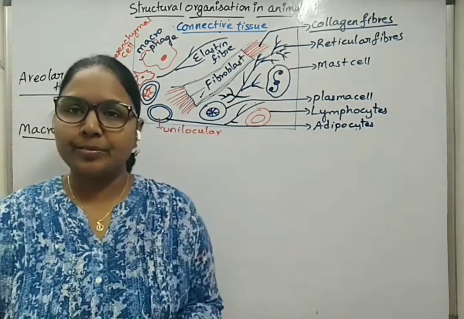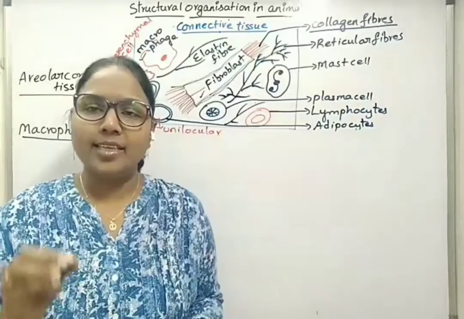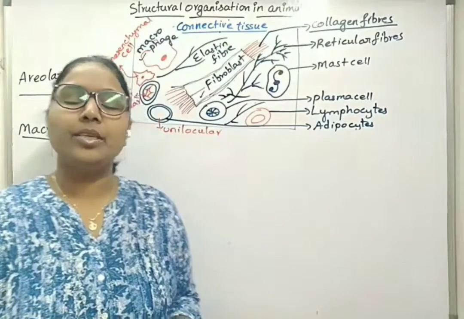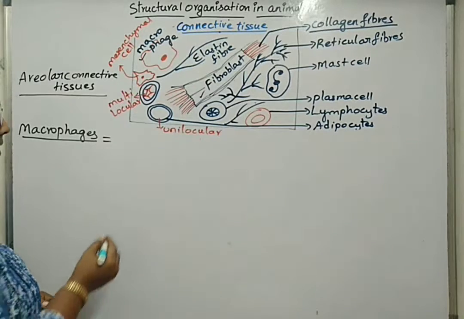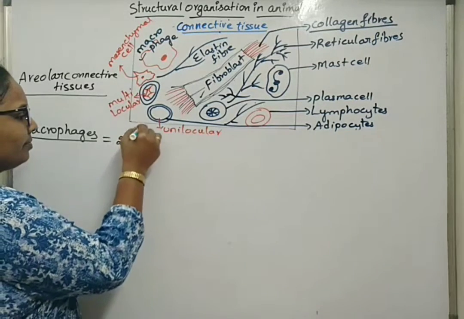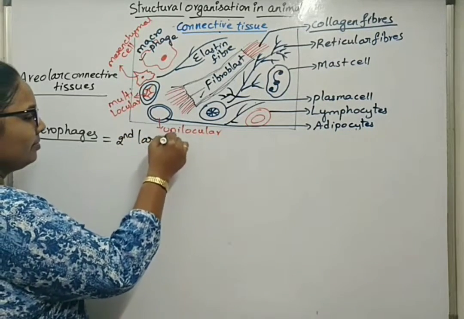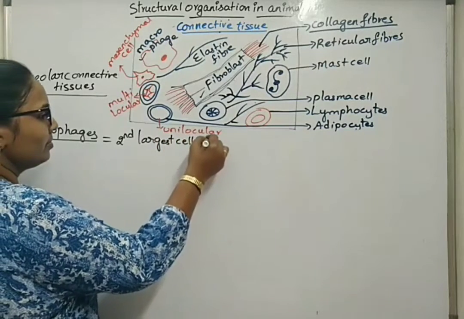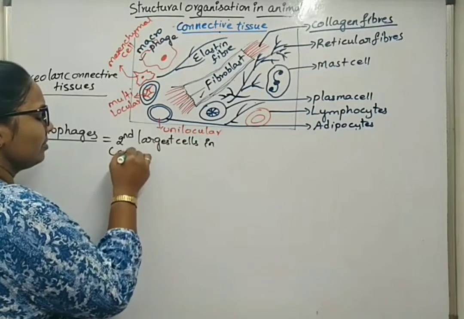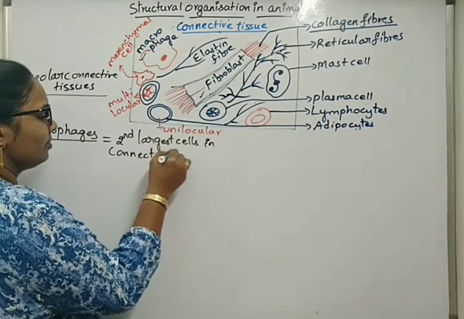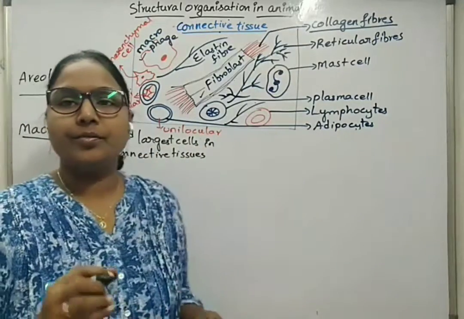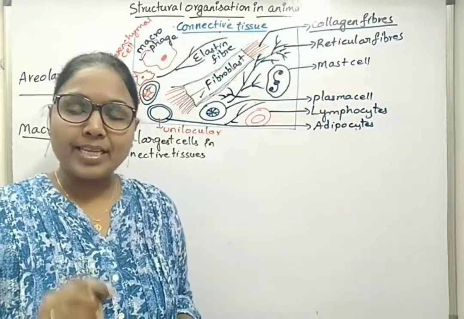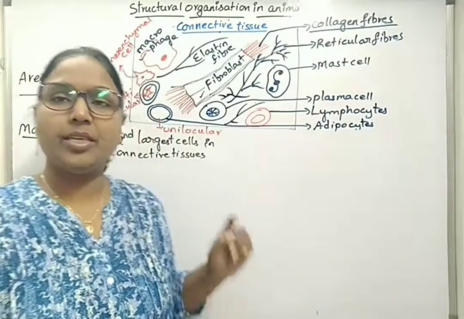In case of fibroblasts, we are telling they are the largest cells in connective tissue. Now, these macrophages are second largest cells in connective tissue. We said that fibroblasts are maximum in number in connective tissues.